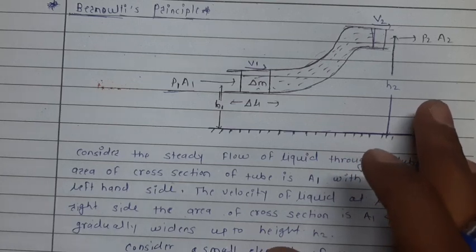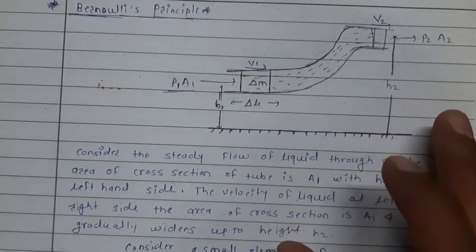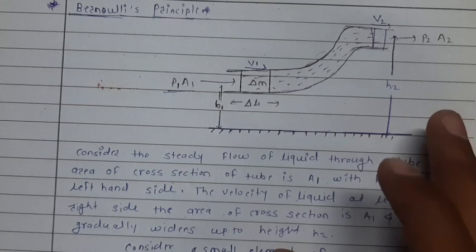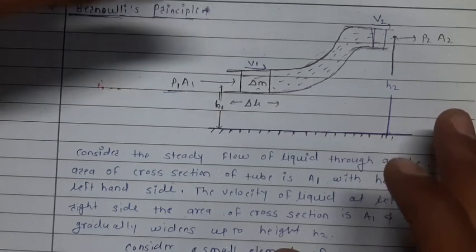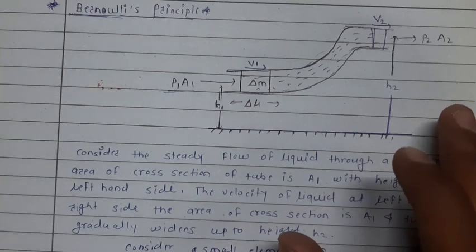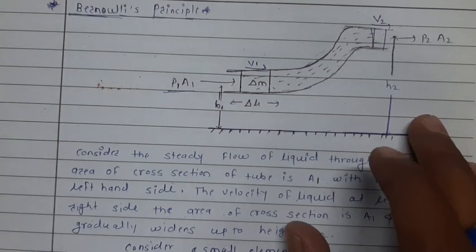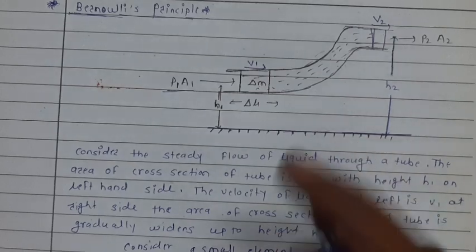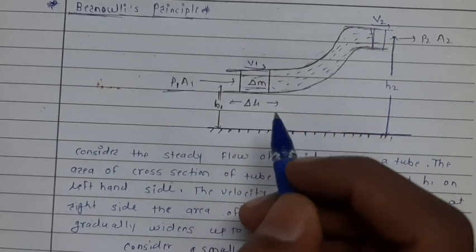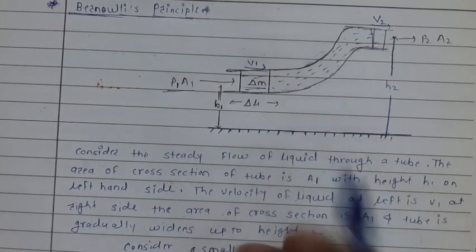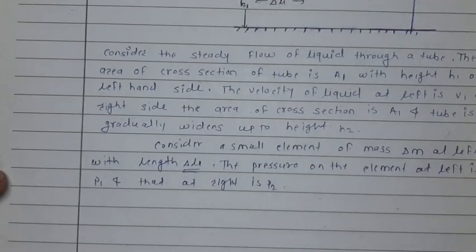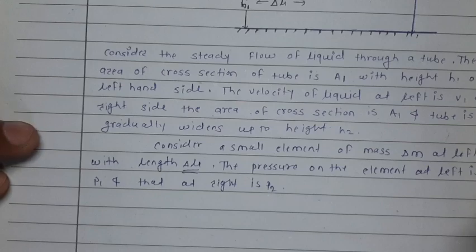In order to bring this molecule from this position to this position, you have to perform some work, and that work done is stored in the form of potential energy. Again, the element of mass delta m has a velocity v1 on this side, so it has a certain amount of kinetic energy as well.